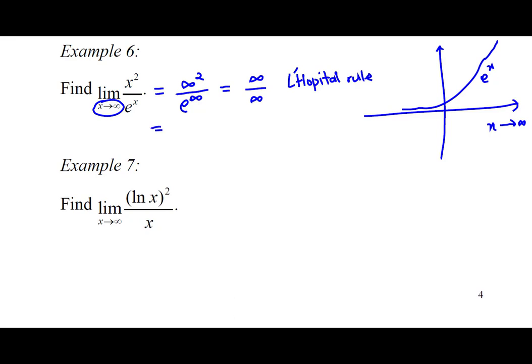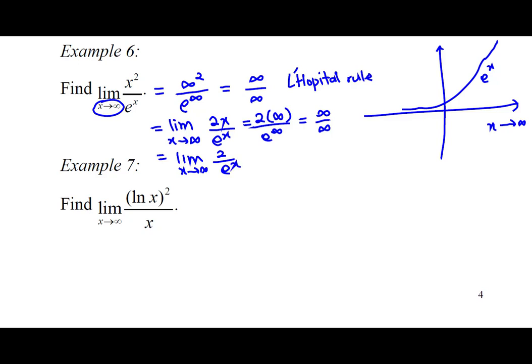So differentiate. You get the limit as x approaches infinity of 2x divided by e to the power of x. Substituting infinity, you get 2 infinity divided by e to the power of infinity, so you still get infinity divided by infinity. So you differentiate a second time: the limit of 2 divided by e to the power of x.